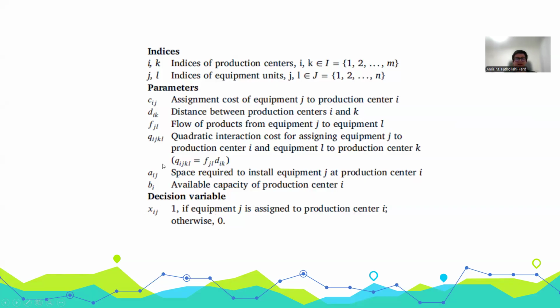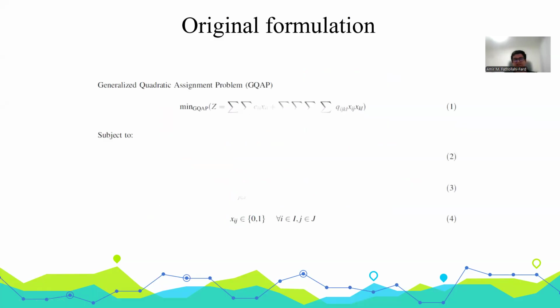And based on this variable, we will have an optimization problem. This optimization problem is a nonlinear integer programming. The only variables we have are binary variables, in equation number 4, which is the assignment variable.